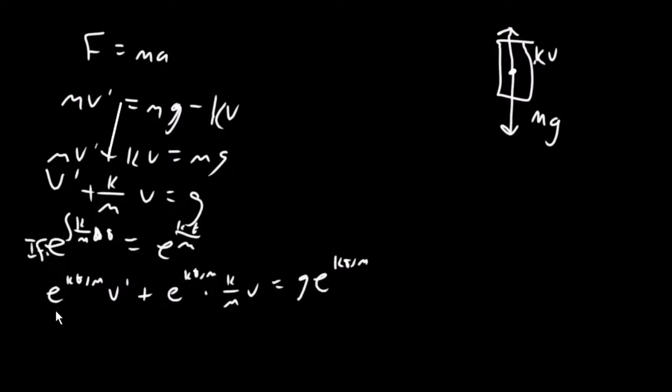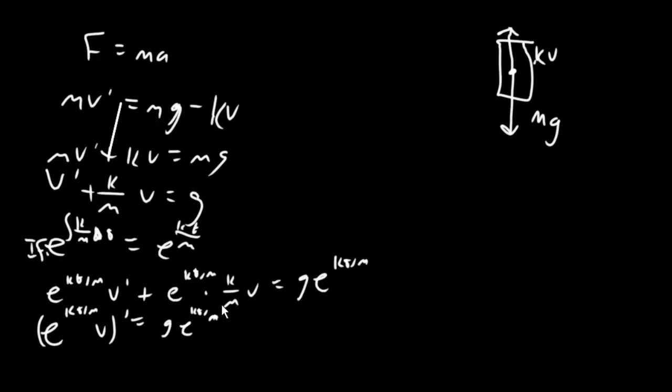And so right off the bat, we can see, well, this is just product rule. Because remember, the derivative of e to the kt over m is e to the kt over m times k over m. So we can just rewrite this as e to the kt over m times v, all of that prime. And that's equal to g e to the kt over m.